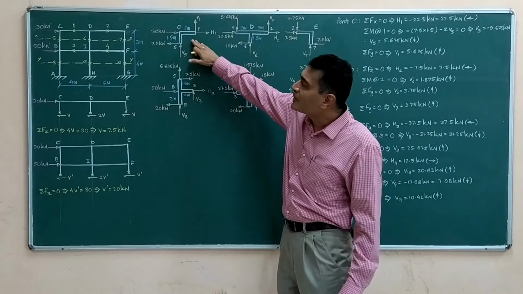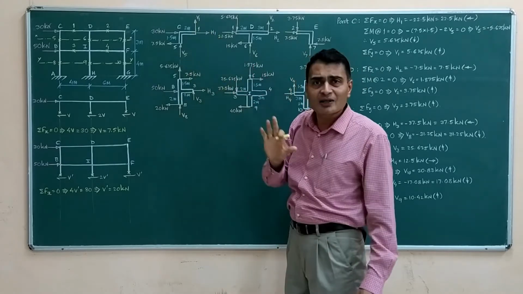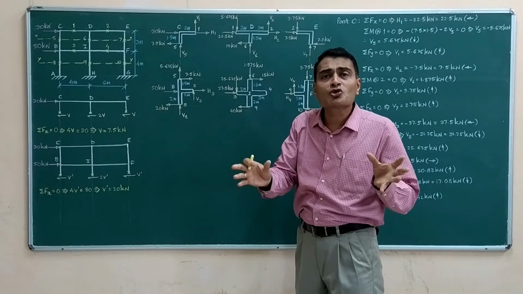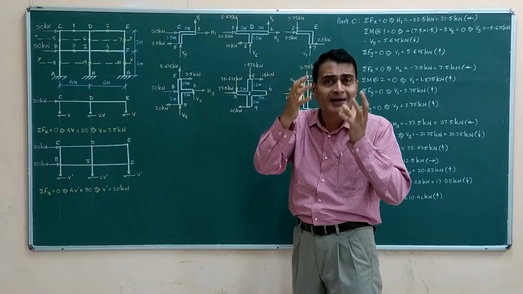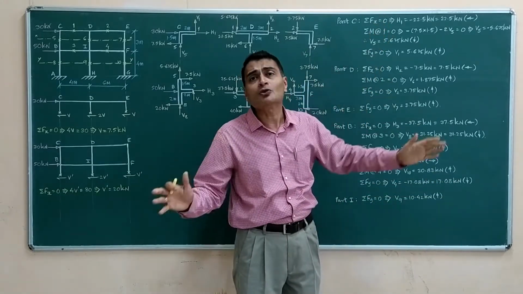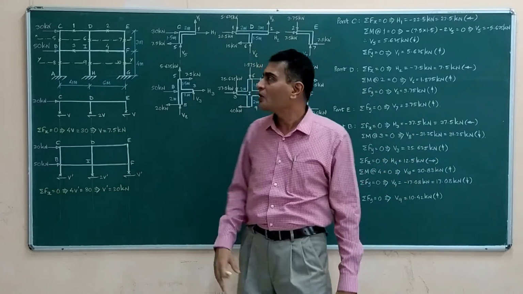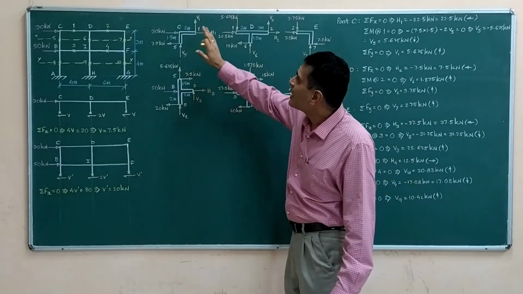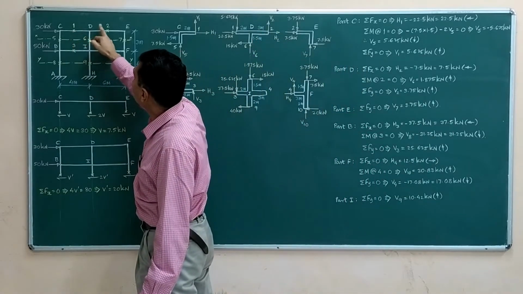So you draw the FBD perfectly, showing positive forces upwards and rightwards. There are no moments because we have isolated the portion from point of contraflexure to point of contraflexure. Just apply 3 equations for 3 unknowns, you will get 3 answers. That's it.